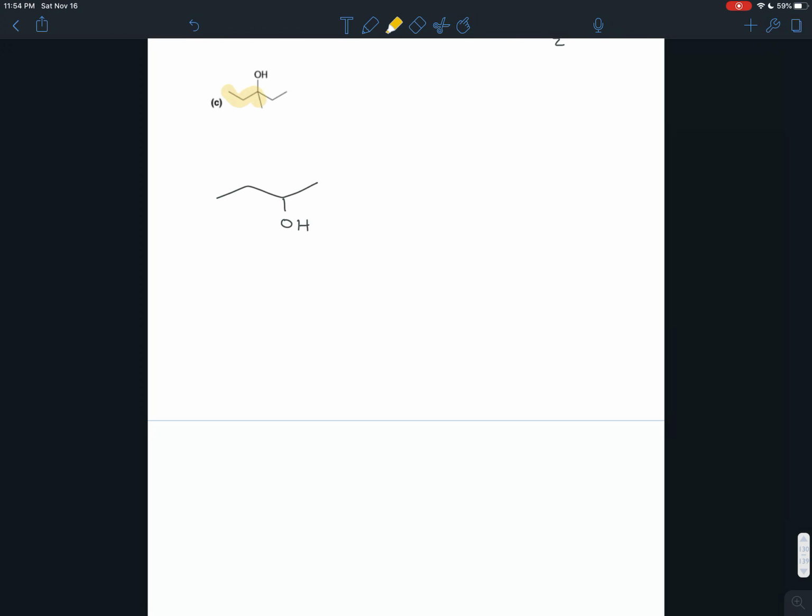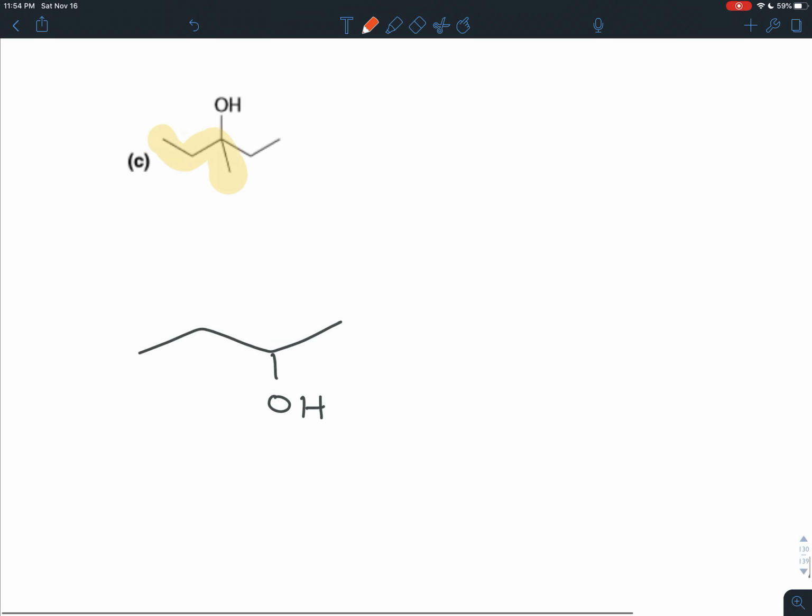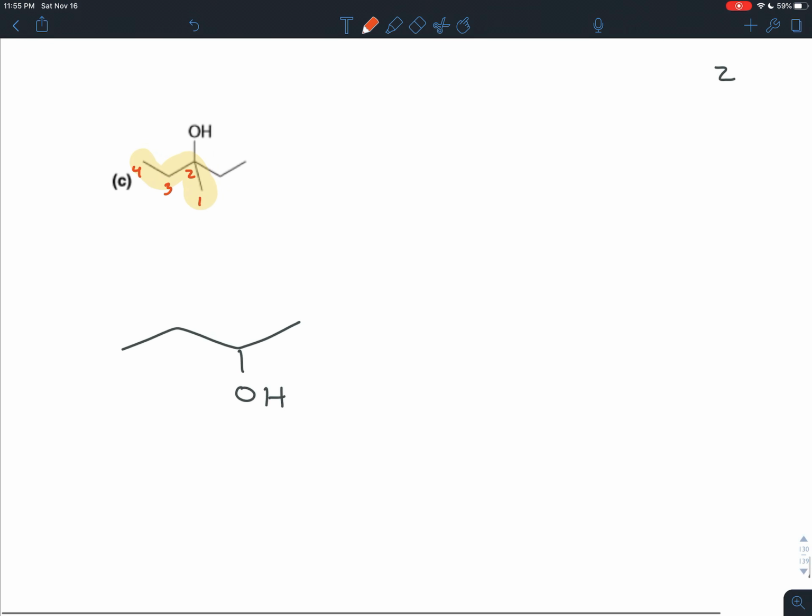So you'd have 1, 2, 3, 4 carbons, and the OH is on carbon number 2. So 2-butanol. The only new thing here is this other group, this new carbon-to-carbon bond.